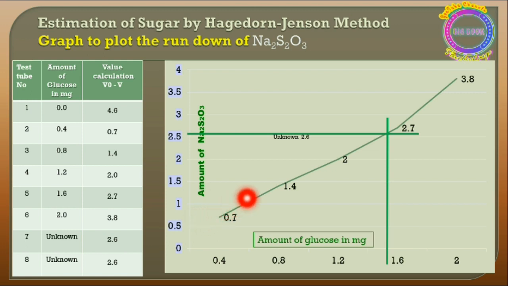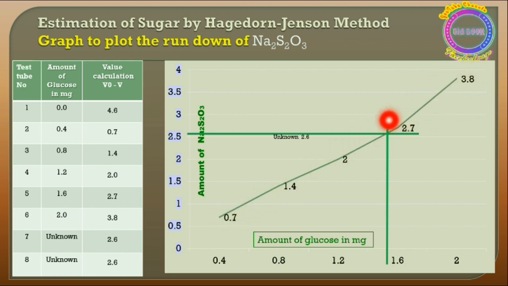And further we are going to place a curve here. So you can see that for 0.7, 1.4, 2.0, 2.7, 3.8, from the second test tube to the sixth test tube, all five values have to be placed here.